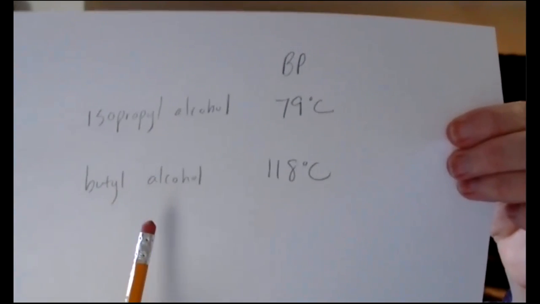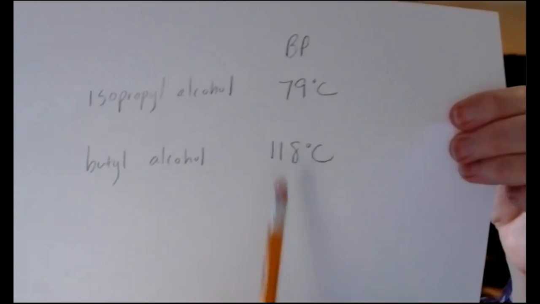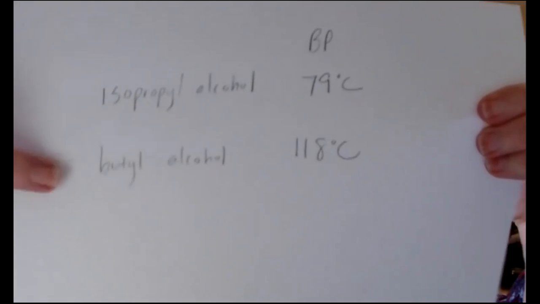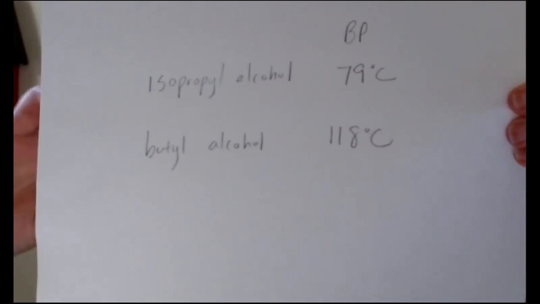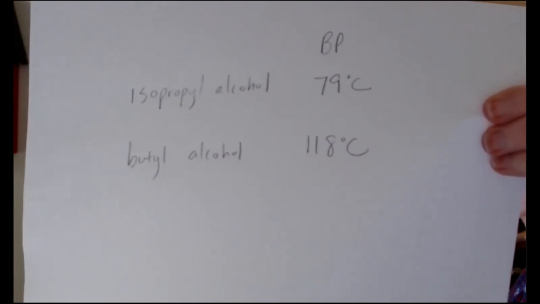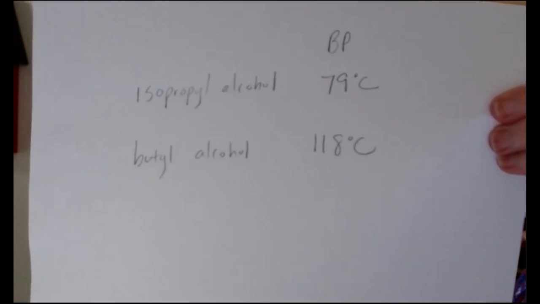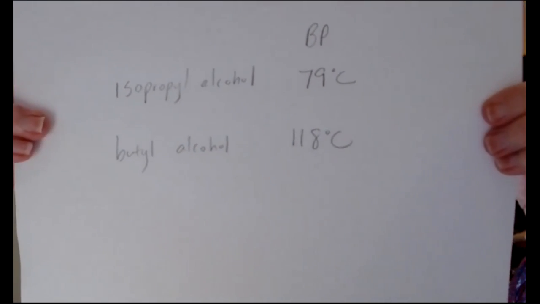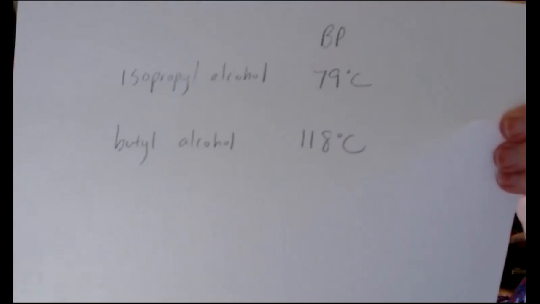It's simply saying, if I have 2 alcohols here and I give you their boiling points, which one would have the larger structure, therefore the greater molar mass? Butyl, this one, because it has the higher boiling point. Exactly. These are the kind of questions on your final. That's why I've always created these practices.